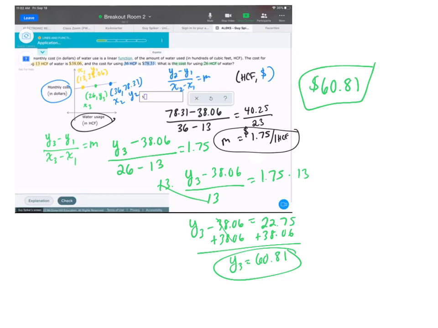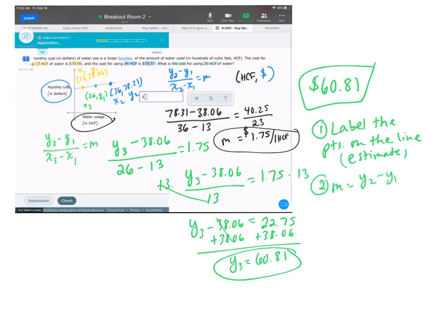All right, so just to review, the first thing you want to do is label the points on the line, and you're just going to estimate. Then you use your slope formula, and that will give you your slope.